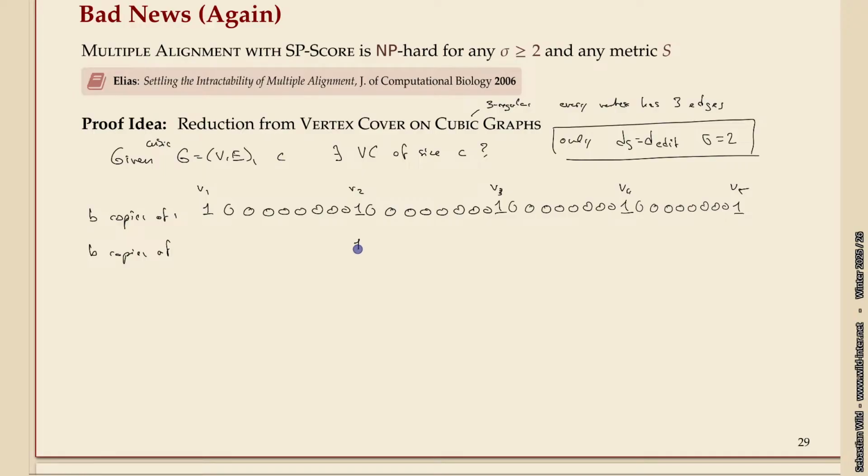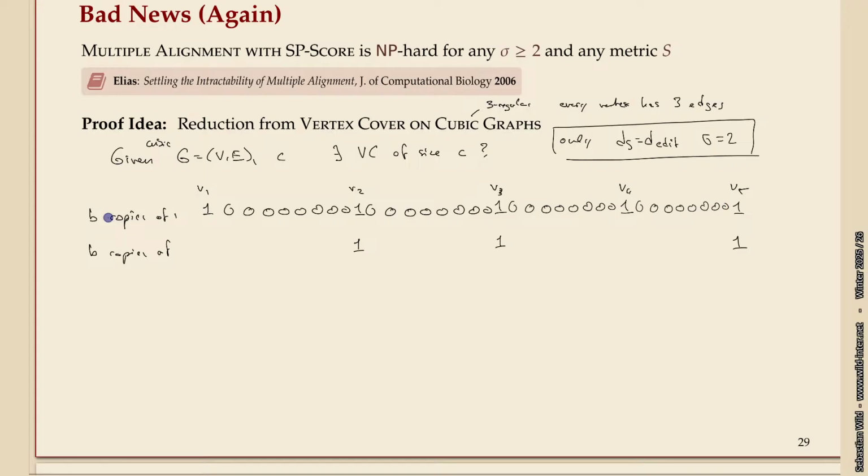But in any good alignment, you'll have to put these in alignment with some 1 columns, because again you have many copies of these. The copies of this first string will all be aligned with each other. Anything else just drives up the cost by so much.